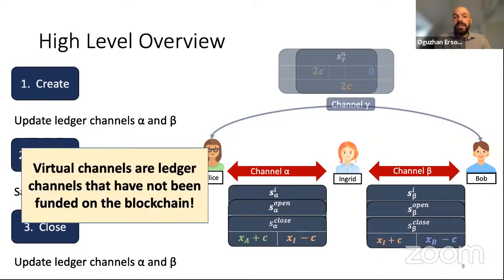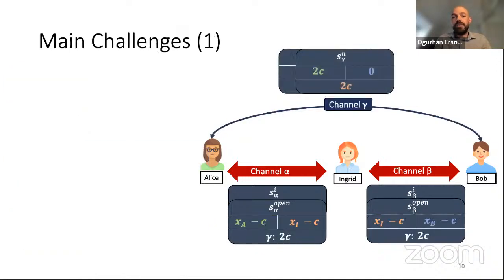And as you can see from here, virtual channels are almost the same as ledger channels, except for the fact that they are not funded on the blockchain. And because they are not funded on the blockchain, it comes with several challenges. One of the challenges is that any party in this protocol may try to prevent the closure of this virtual channel.